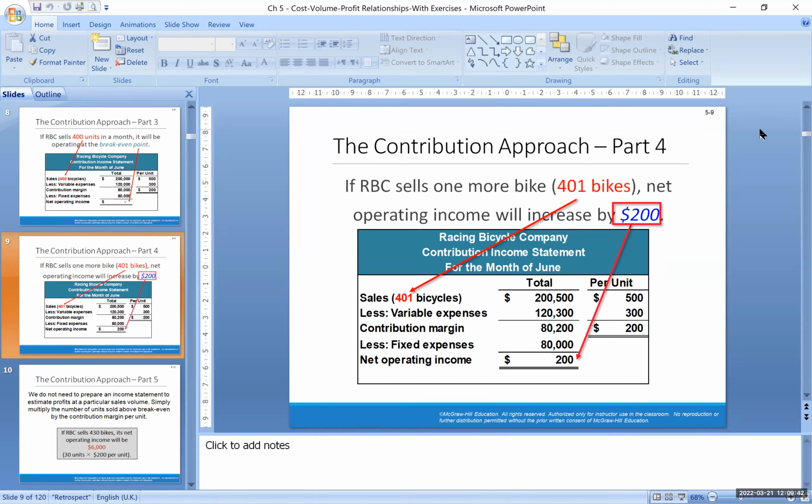So we can now understand the net operating income if we sell more than the break-even. The contribution margin for one unit is $200, which means one unit contributes $200 to the net operating income.